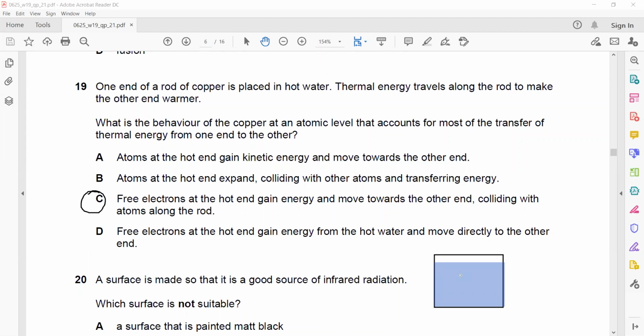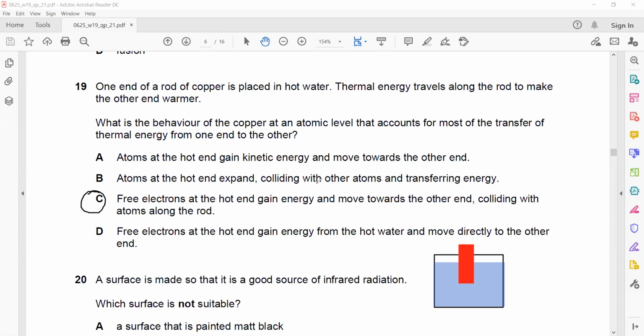And metals are conductors. So the free electrons at the hot end gain energy and move towards the other end and collide with the atoms. That's conduction, either by vibration of the lattice or by the movement of electrons colliding with the lattice.